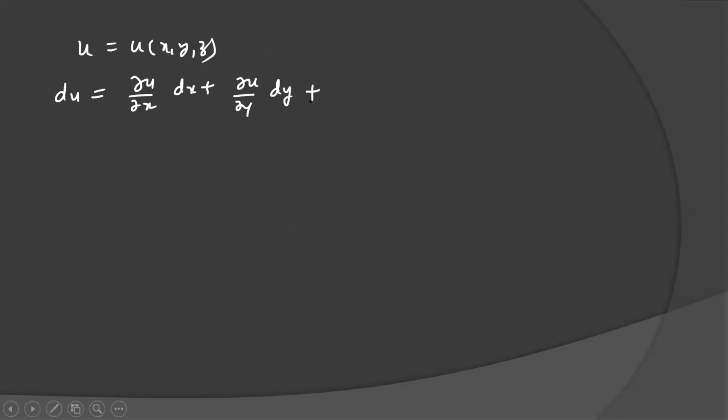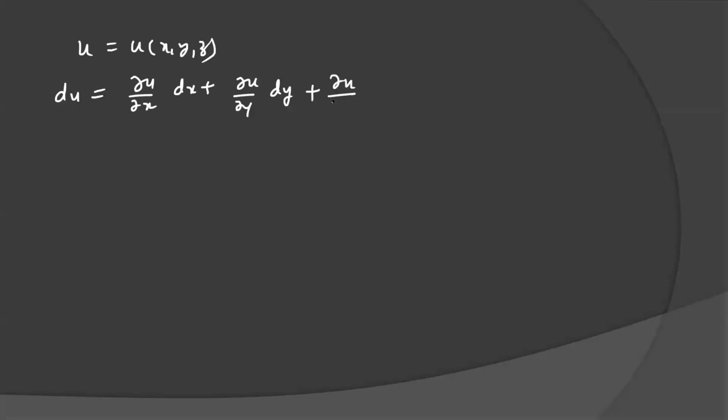Using partial differentiation, we know that u is a function of x, y, z here. So what will be du? The total derivative: del u by del x dx plus del u by del y dy plus del u by del z dz. Now these terms must be 0 for a stationary point, so du will be 0.